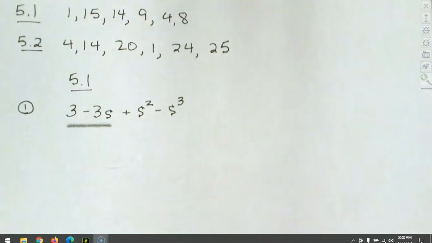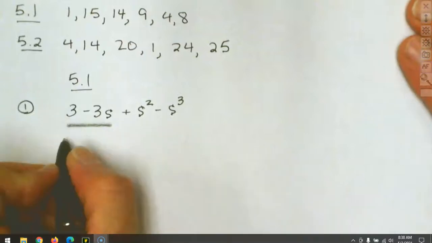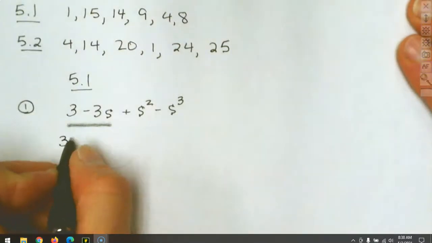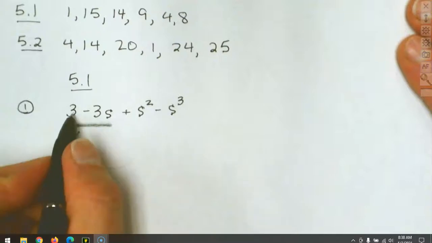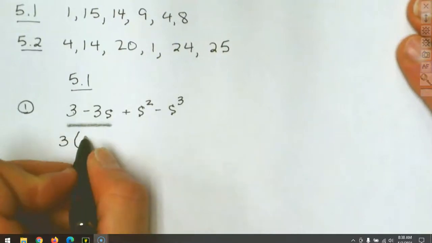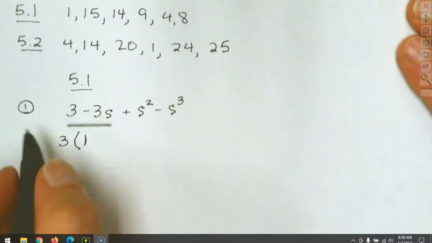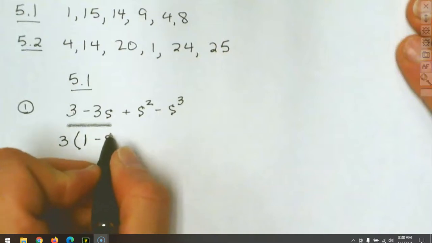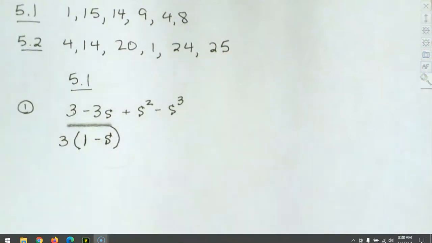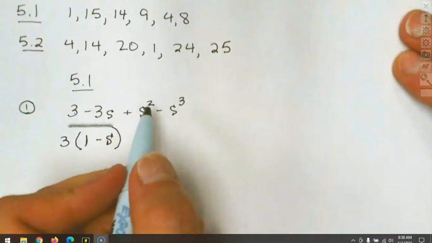They have the number 3 in common, don't they? So we're going to factor out a 3. And when we factor that 3 out, 3 divided by 3 is a 1, so that leaves you with a 1. The 3 comes out, and that leaves you with minus s. So that's the first 2 pieces.